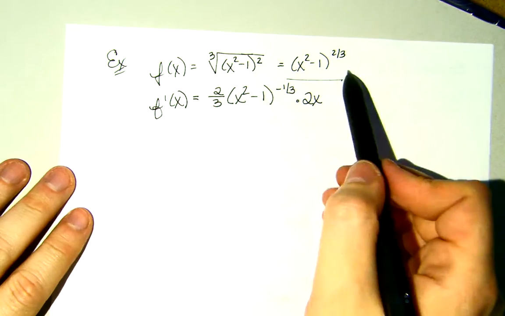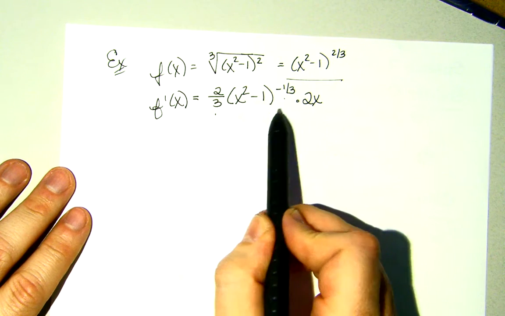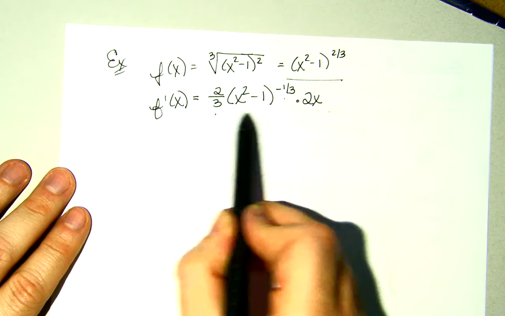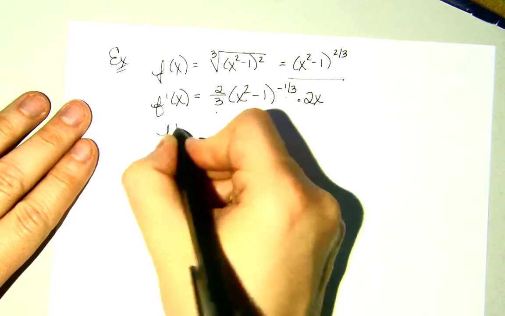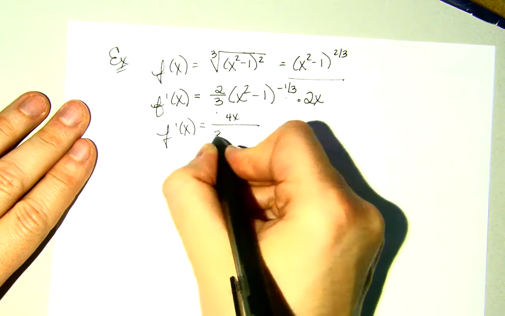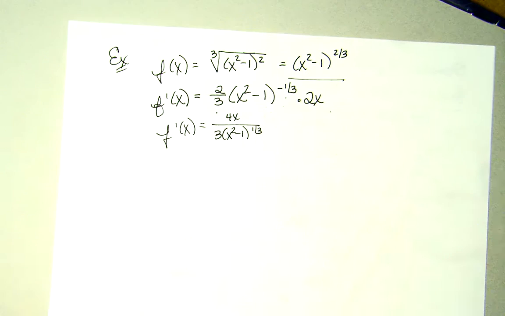So I dealt with my 2/3 power, 2/3 out front, new power is negative 1/3, 2/3 times x squared minus 1 to the negative 1/3. But the chain rule says I then have to multiply by the derivative of that inside part, so times 2x. This one I do need to do some cleaning up on. Maybe 4x over 3 times x squared minus 1 to the 1/3 for a derivative here. Anything with that?